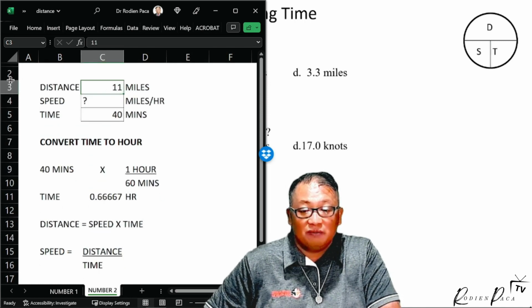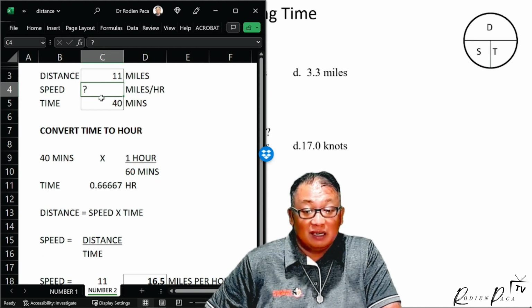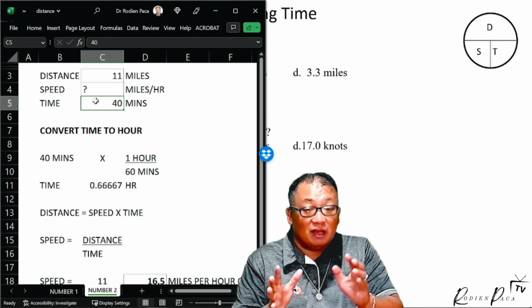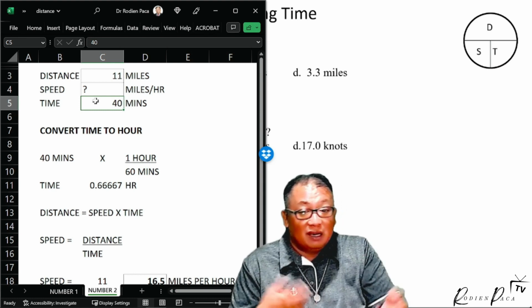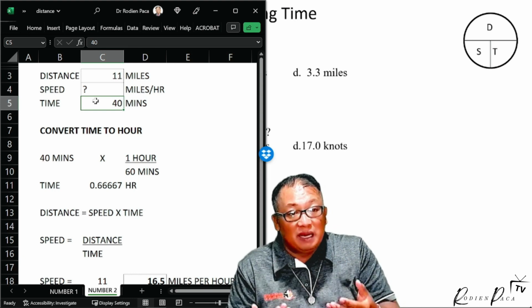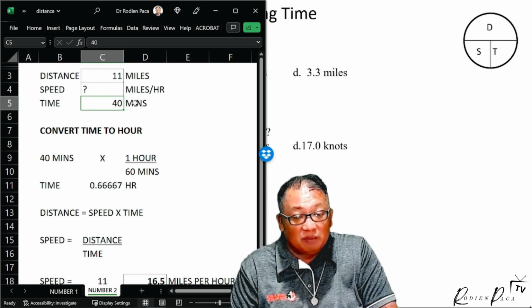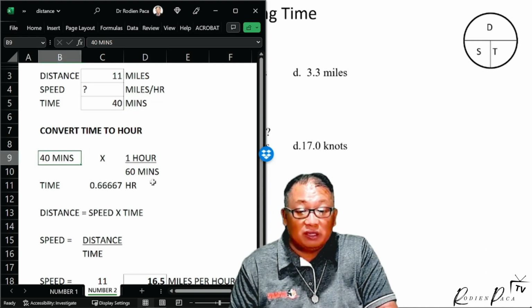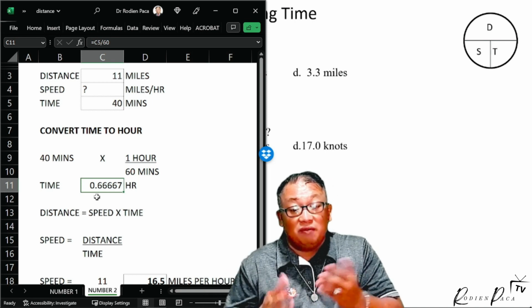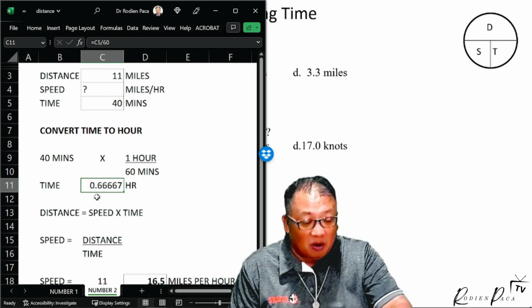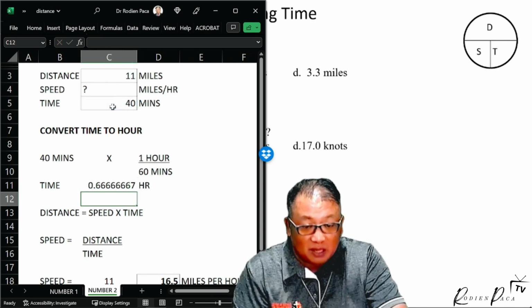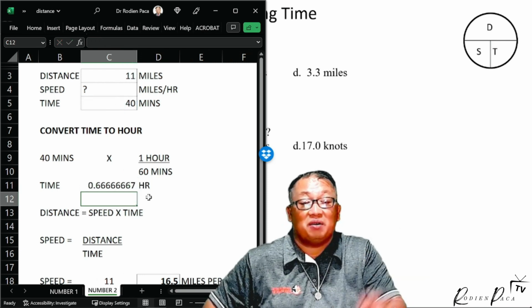It's a very long distance, and the speed is missing. The minutes is 40. Again, minutes, and since you're looking for knots or speed, which is miles per hour, you have to convert the minutes into hours. So 40 minutes times 1 hour over 60 gives you 0.6667 hour. I just did equals 40 over 60, and you have 0.667 hours.